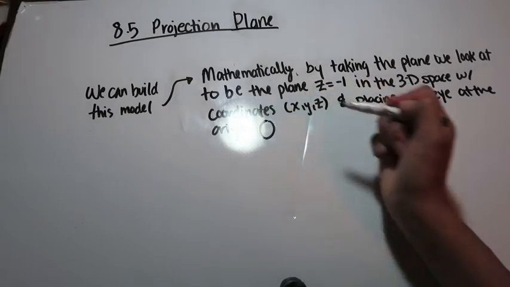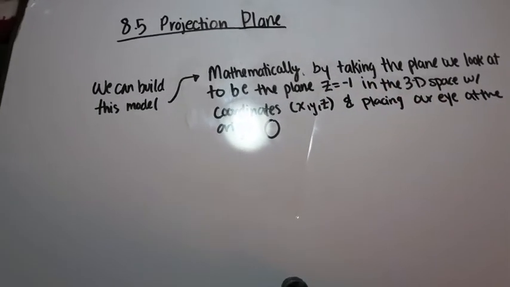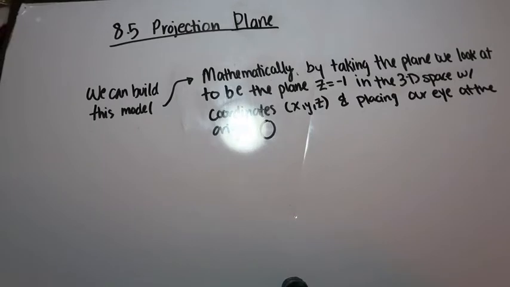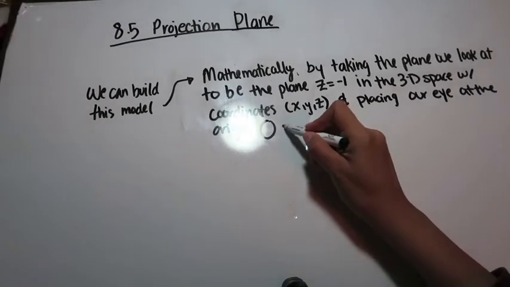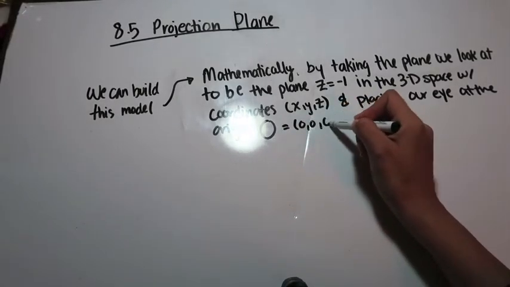We're going to call this origin O, which is equal to (0, 0, 0).